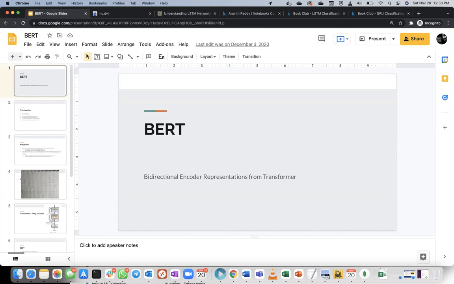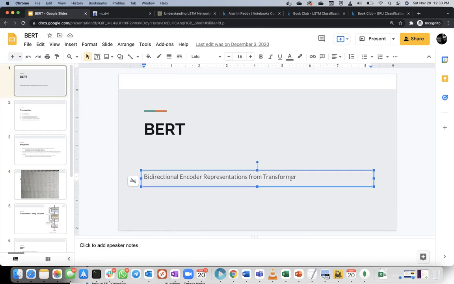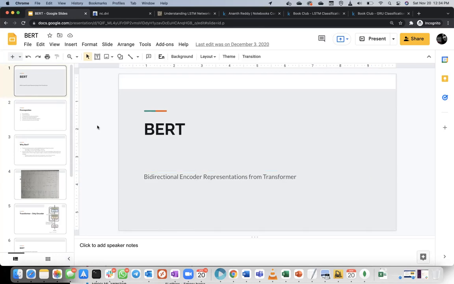In an overview, I'll just explain what BERT stands for: Bidirectional Encoder Representations from Transformers. The transformer has two things, encoders and decoders. BERT takes only the encoders and stacks them up. It removes the decoder and stacks the encoder 12 times for the base model and 24 times for the large model. That's all. But there are a lot of things to understand about attention before BERT, which we'll go through in the next sessions.